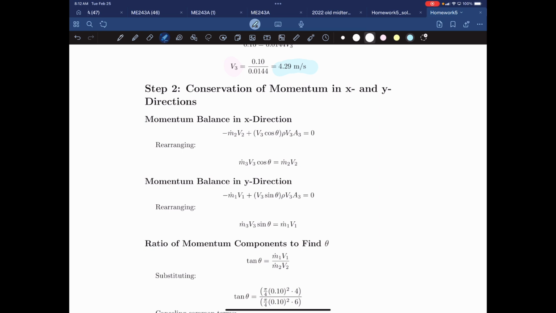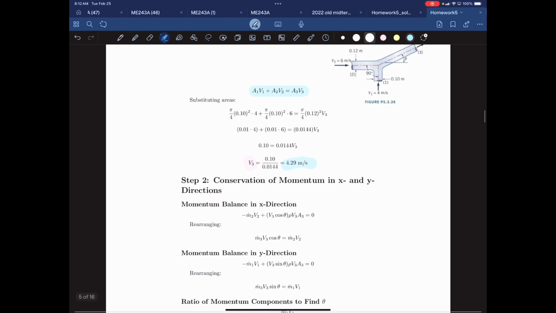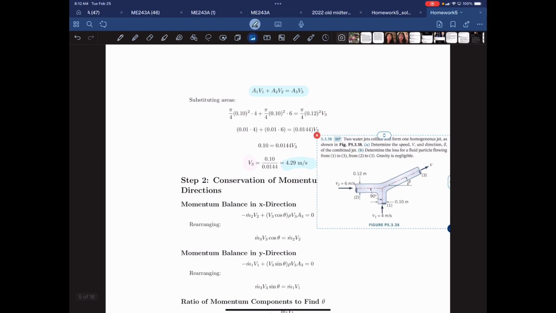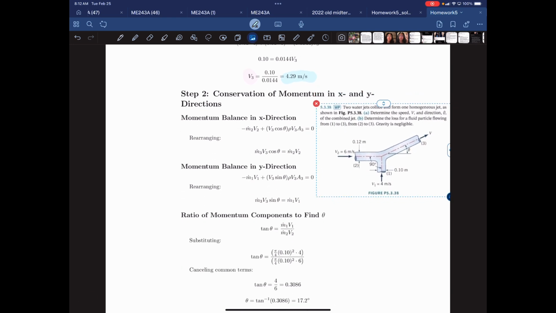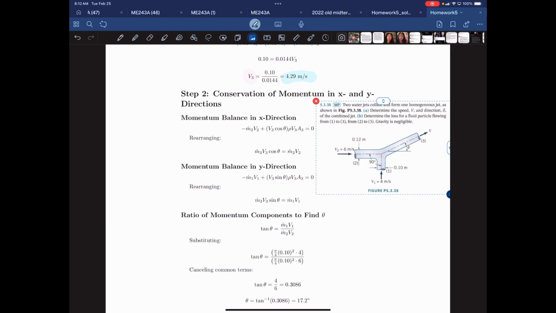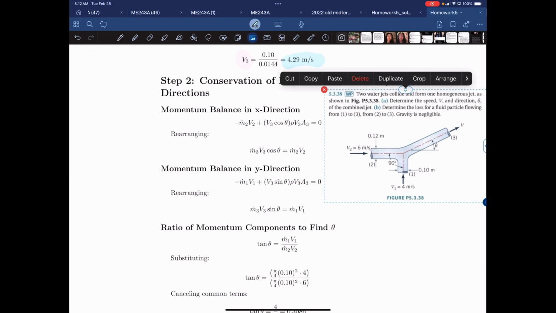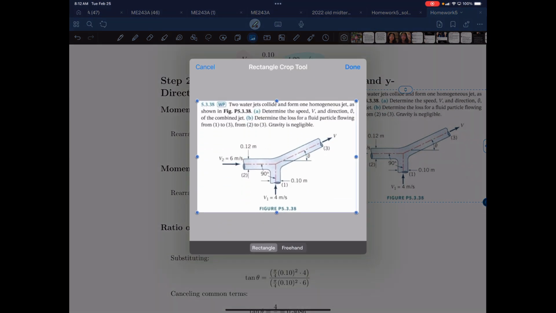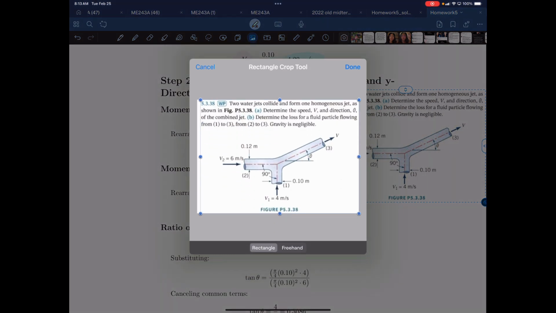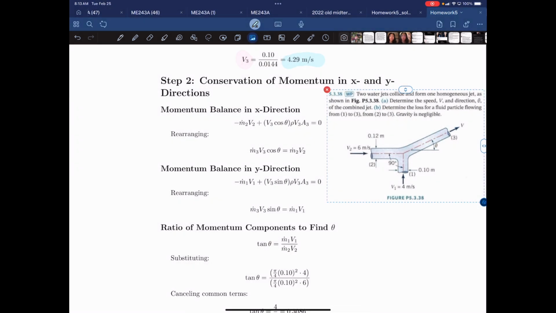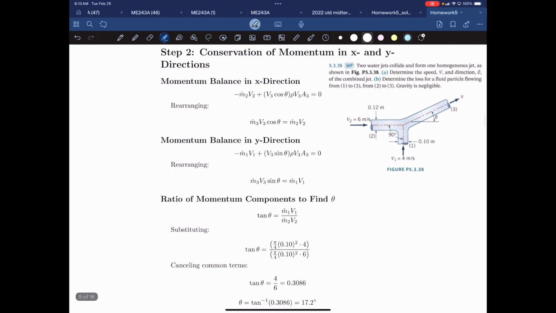So in the X direction, we have this balance right here. Bring this down. Okay, any questions?